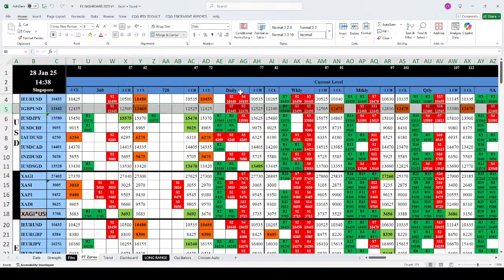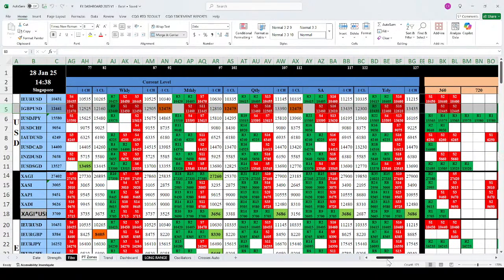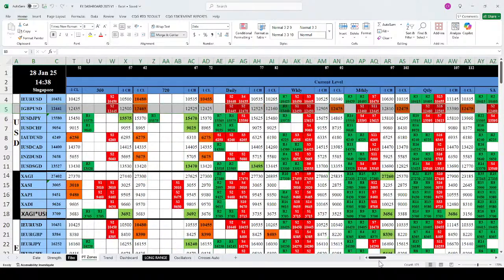So the key level to pay attention to is the daily level 124.25, and we don't have any other level, so I think we've got to look at the dashboard to get a clear indication.